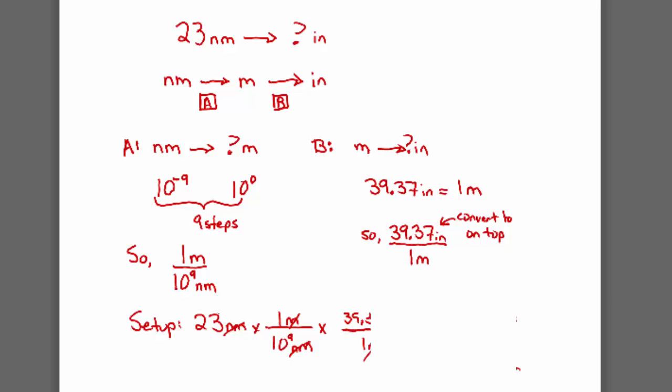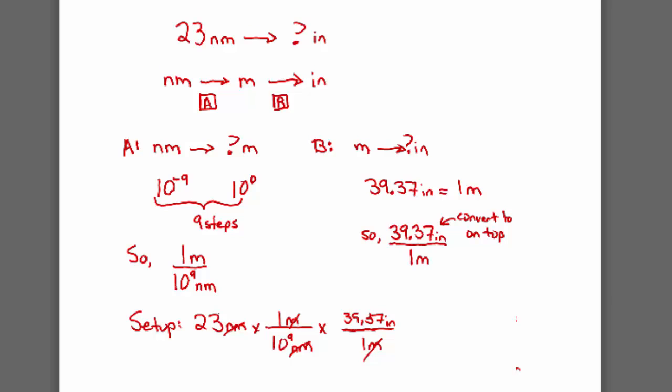Nanometers cancel. Now that we are in meters, I can now use the second conversion factor to go from meters to inches. Just use it the way it is because it has meters on bottom in the denominator, so that meters will cancel, and what I want, inches, is left on top.